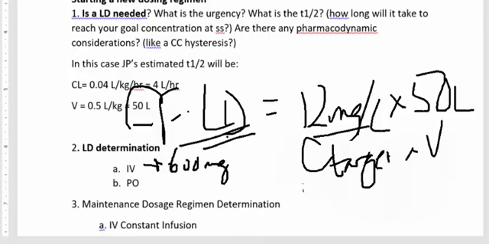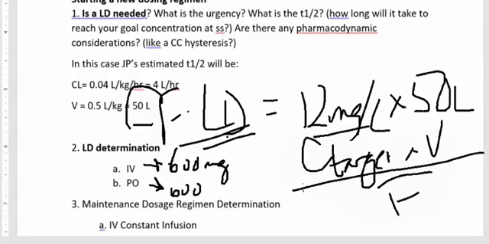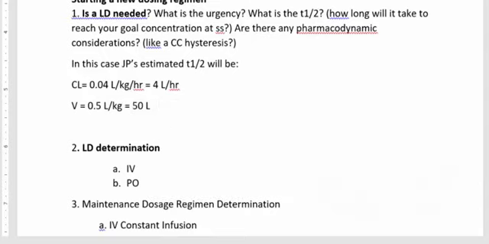So in order to get our loading dose, we're going to have to divide this all by bioavailability. Our bioavailability for theophylline is 1, so it's going to be the same dose, isn't it? 600 milligrams. Okay. So we've got our loading dose. It's going to be 600 milligrams.